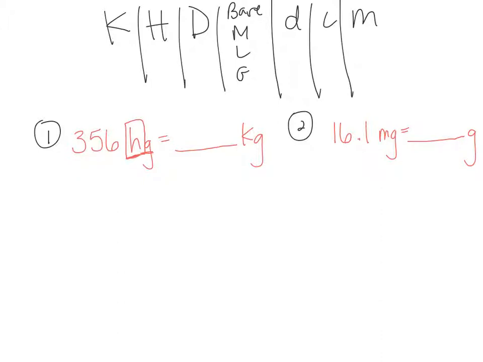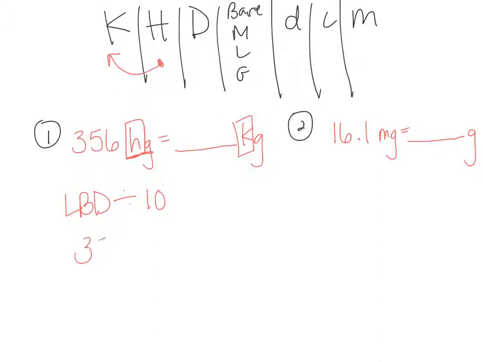On my chart, I'm going to start with the H's, and they want me to go to kilograms. I'm going to ask myself if I'm moving to the left or to the right. I'm going to move left 1 place, and I know that is a little unit getting bigger. So little to big, LBD. This is division, and since I only moved once, this is like dividing by 10.